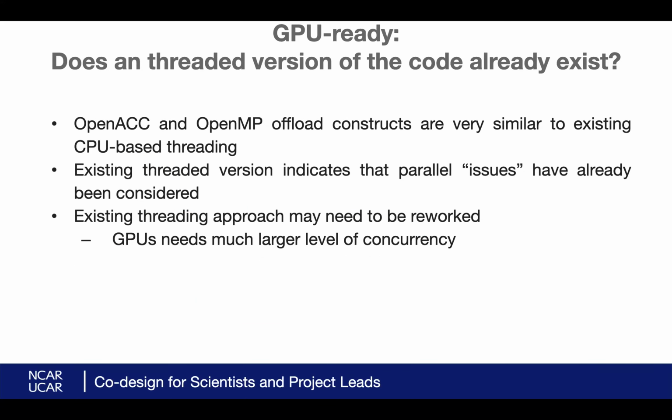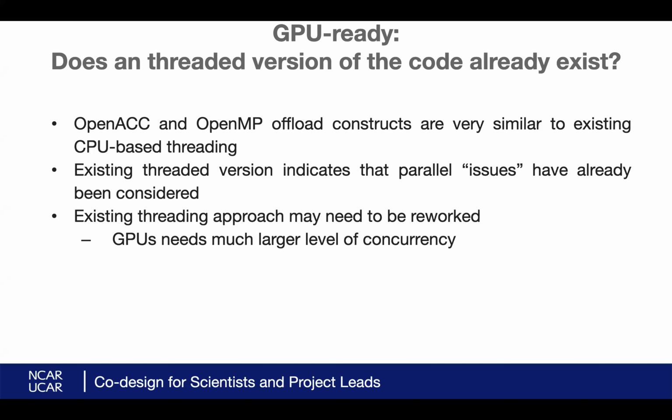Another important consideration is, does a threaded version of the code already exist? This is important because OpenACC and OpenMP offload constructs, and honestly CUDA, are very similar to existing CPU-based threading from a broad conceptual perspective.